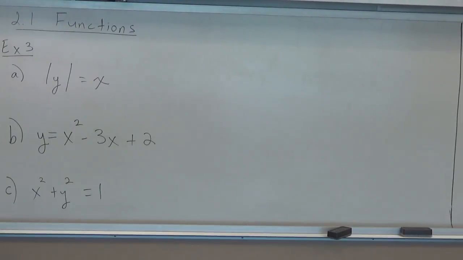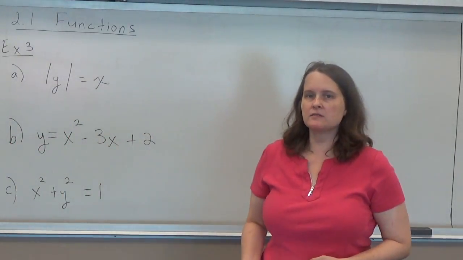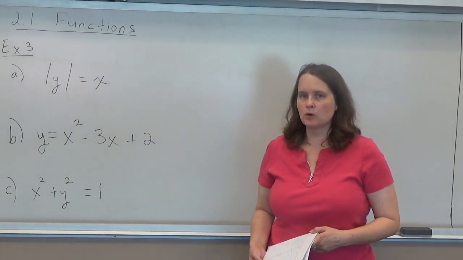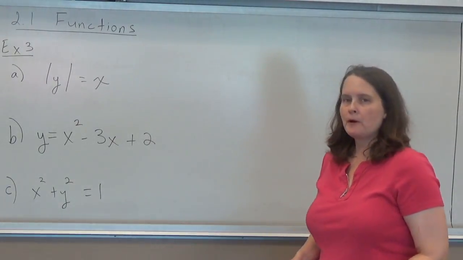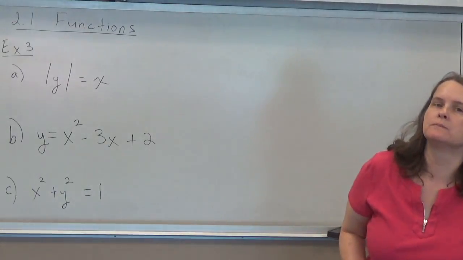All right, example 3, we are asked to determine whether the equation defines y as a function of x. So again, what you're asking yourself here is, does every x value get matched with exactly one y value? If you look at part A, just choose an x value that you want to play with.